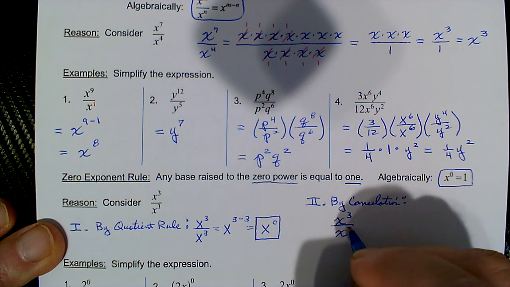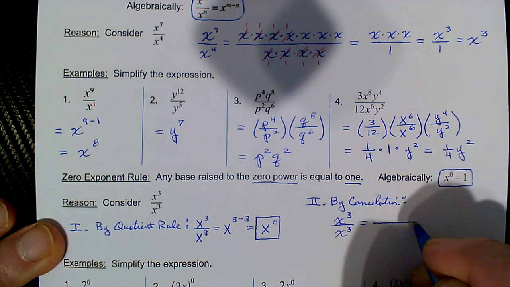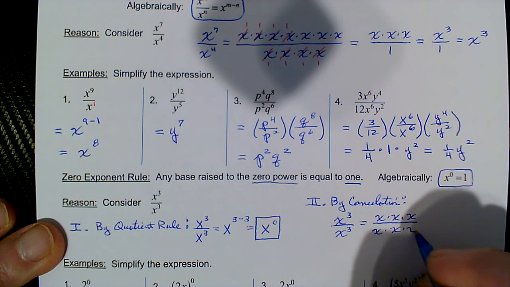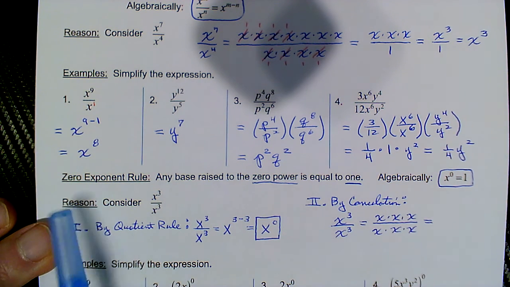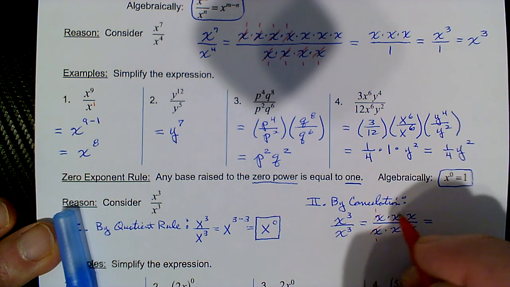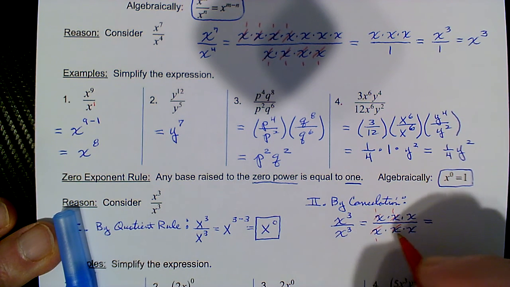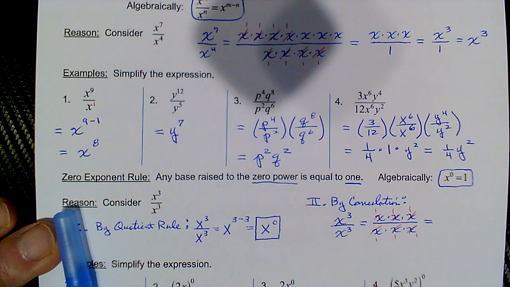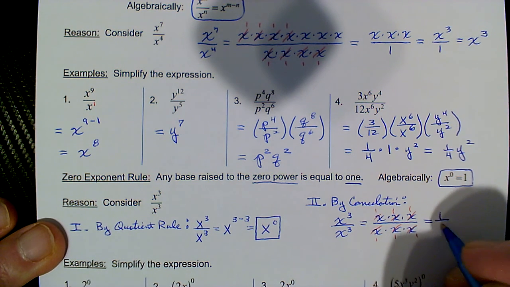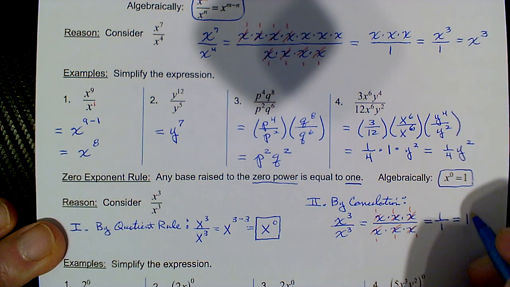x cubed over x cubed, expanding, we get x times x times x over x times x times x, and then canceling each of the common factors and replacing them by 1s, you can see everything cancels, kind of like how we thought about the x to the 6th over x to the 6th, and we get 1 over 1 or 1.